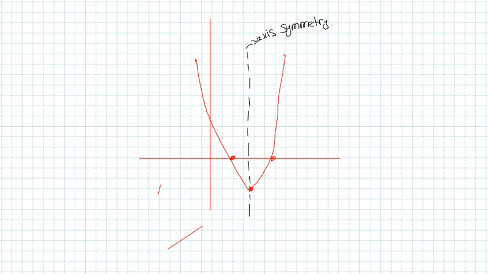All right, now, other than the axis of symmetry, we have the zeros, or the x-intercepts. Where would you think the x-intercepts are? So these ones? Yes, that's right.